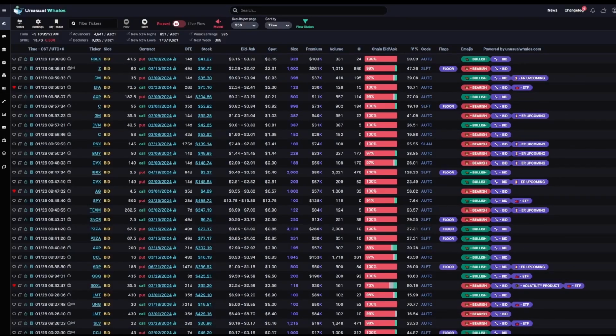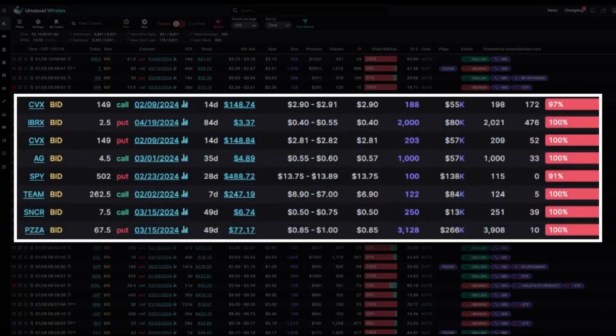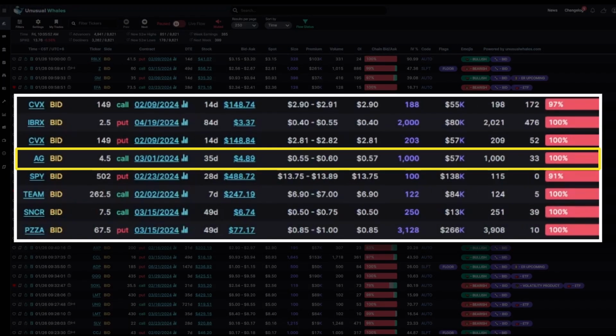Now below that, we have an example of a trade that's a little more unclear. The AG $4.5 call for March 1st, 2024. The bid-ask on this contract was 55 to 60 with a fill price of 57. Now, while this is 3 cents away from the ask and only 2 cents away from the bid, it's almost a mid-fill.